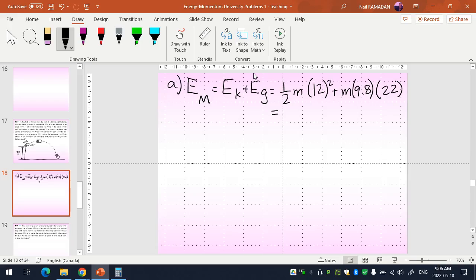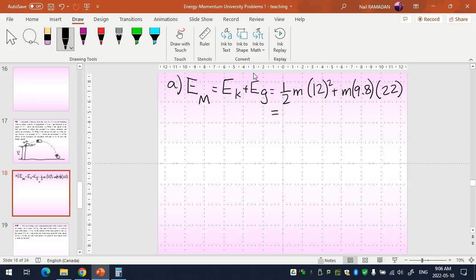By the way, is the M going to cancel out now? No, but is it going to add up? Yeah, this is like 3x plus 5x. You collect like terms. Okay, what's 12 squared? Anyone? One of those famous squares? 144. Half of it is 72.